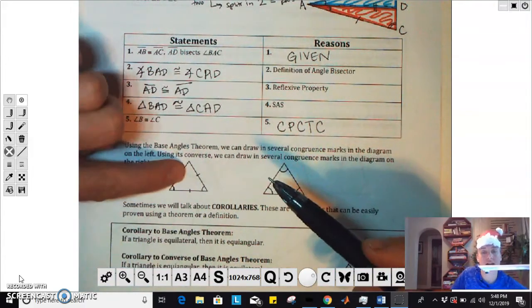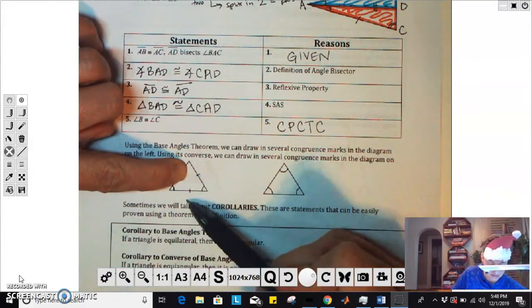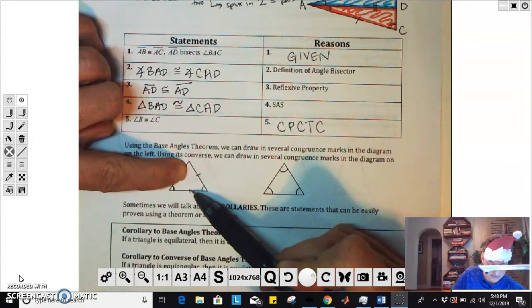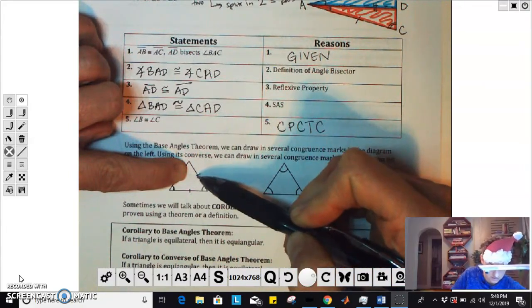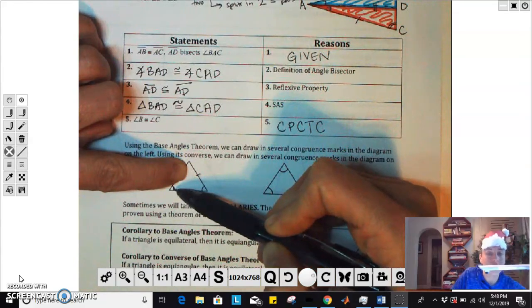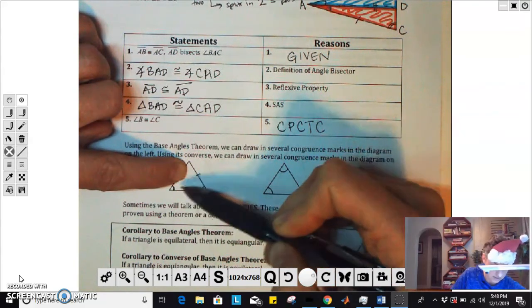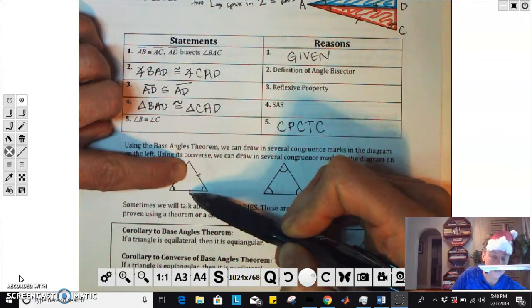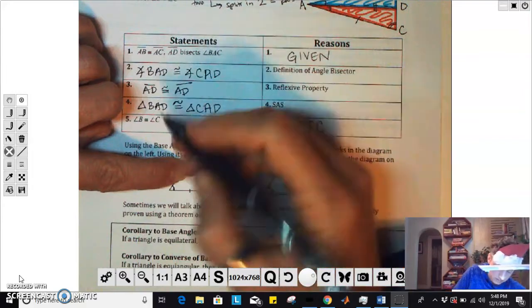Sure, just barely. We have two sides that are congruent, so their opposite angles, base angles, are congruent. So that means this angle down here, and that's opposite this one, is congruent to this opposite, which is up at the top.